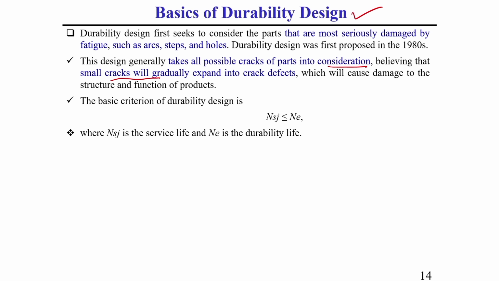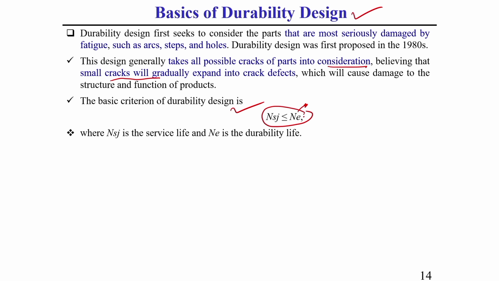Here the basic criterion of this durability design is, keep in mind, NHJ less than or equal to NE. That means whatever life we estimate based on this durability design is called NE, and this should be greater than or equal to NHG.